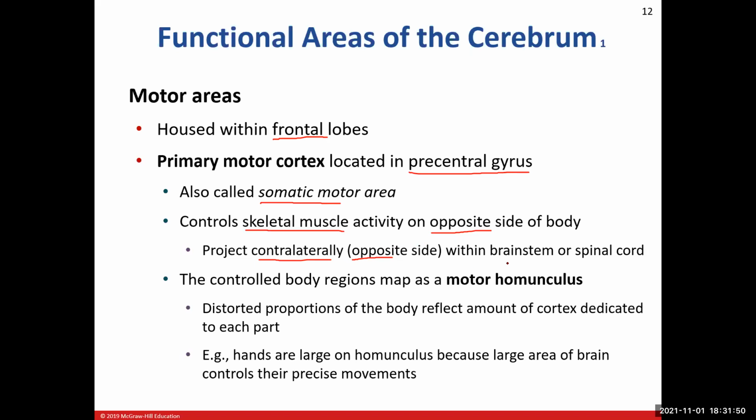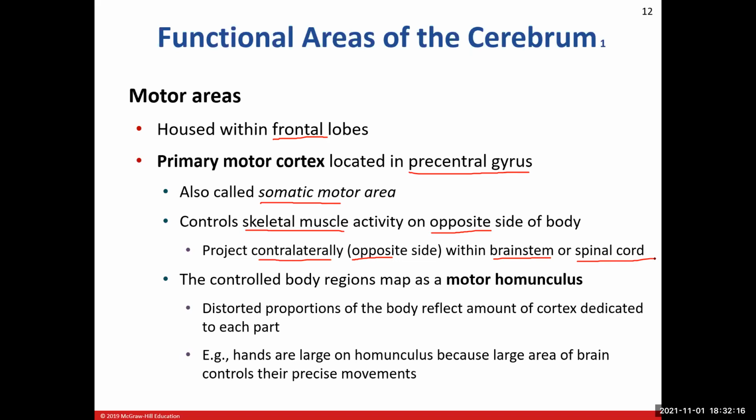That is going to occur either in the brain stem or in the spinal cord. It varies, and we'll talk about some of that in another chapter. Keep that in mind. So the primary motor cortex is going to project to the contralateral side, the opposite side, with motor neurons to control the opposite side.